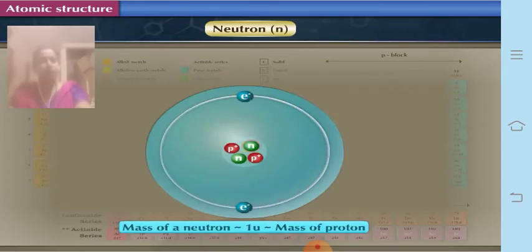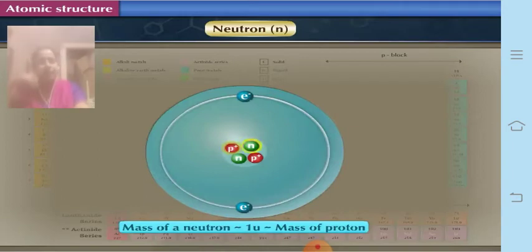The mass of a neutron is also equal to one unified mass or one Dalton, approximately the same as the mass of the proton. Whatever is the mass of the proton, the same will be the mass of the neutron, that is one unified mass. Remember this. So its mass is also almost equal to 1.66 into 10 raised to minus 27 kilograms, almost equal to that of the proton.